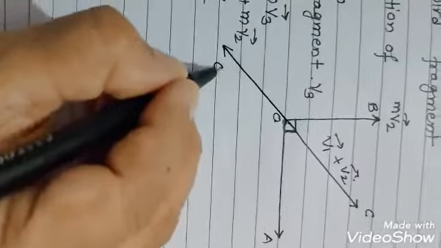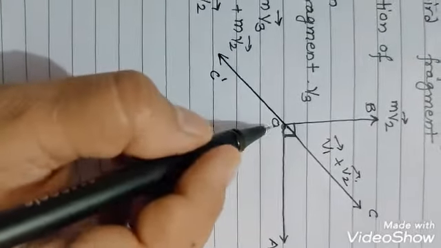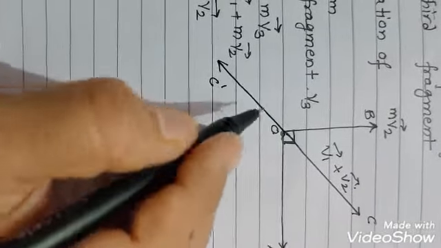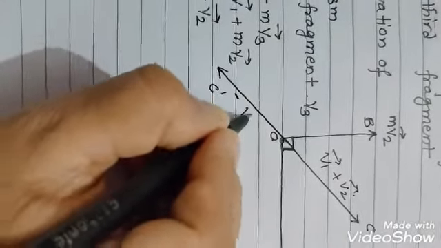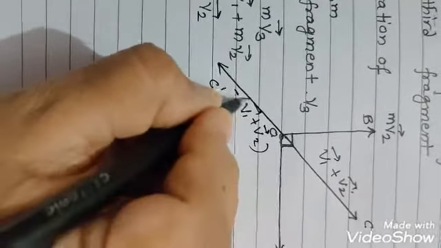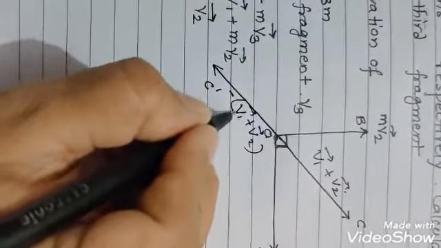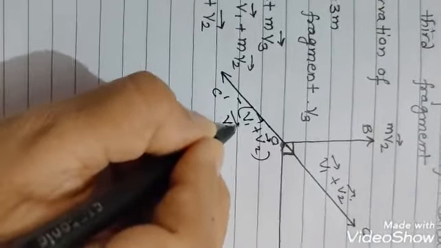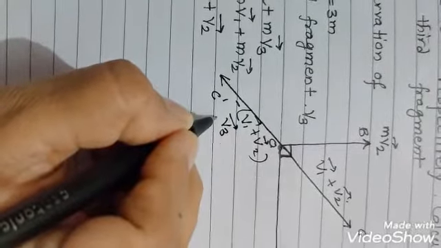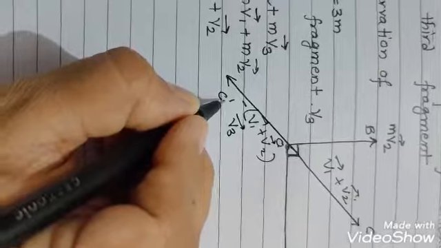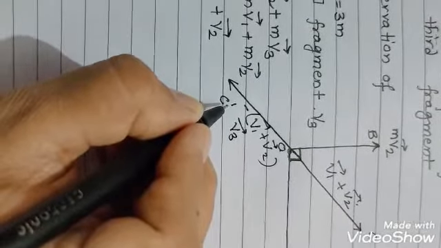I am writing it as OC dash, which locates minus of v1 plus v2, and that is equal to v3. So here the velocity of the third fragment is found.